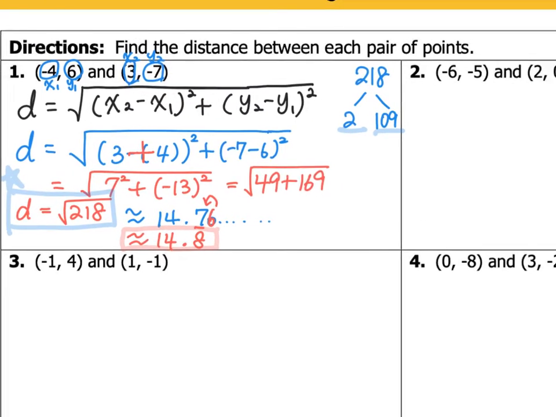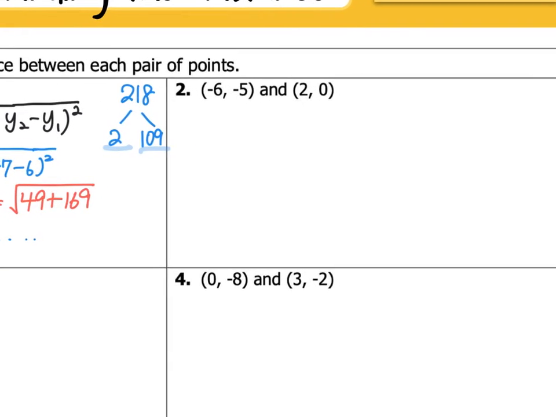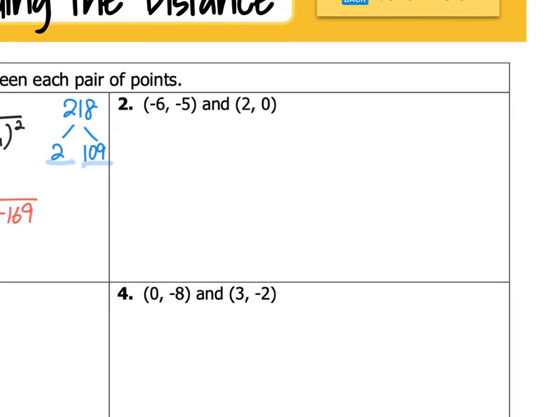Let's move on to number 2. So first I will label it x1, y1, x2, y2. So put it into the distance formula, d equals the square root.